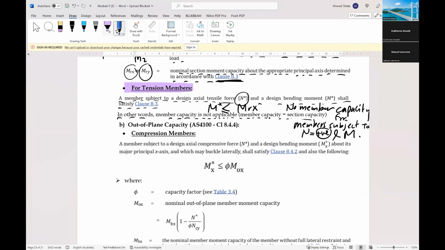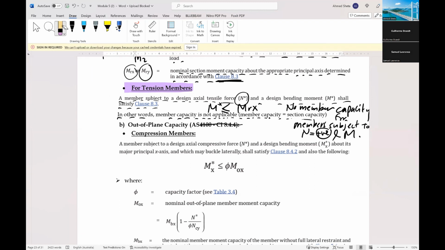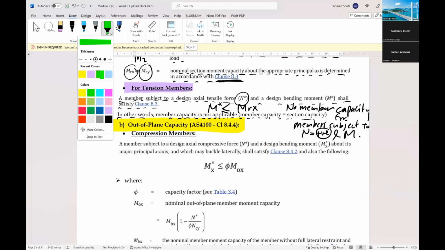The next is out of plane capacity, which is clause 8.4.4. So for out of plane capacity, again, we have compression member and tension member.